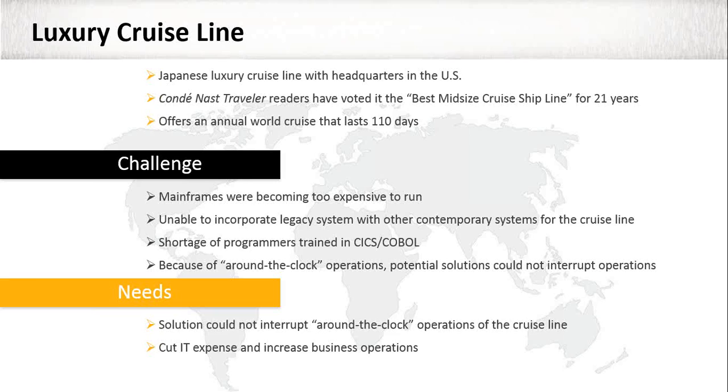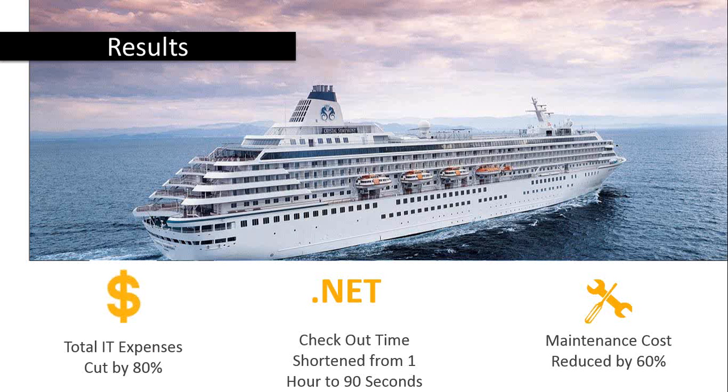Again, the ships are 7 by 24 environments. When one cruise ends, another one starts. And it's very important that customer bills are accurate when disembarking and that the oncoming customers' accounts are immediately initiated. So, business agility achieved. Using GT Software's migration solution, the cruise line was able to preserve its original business logic.